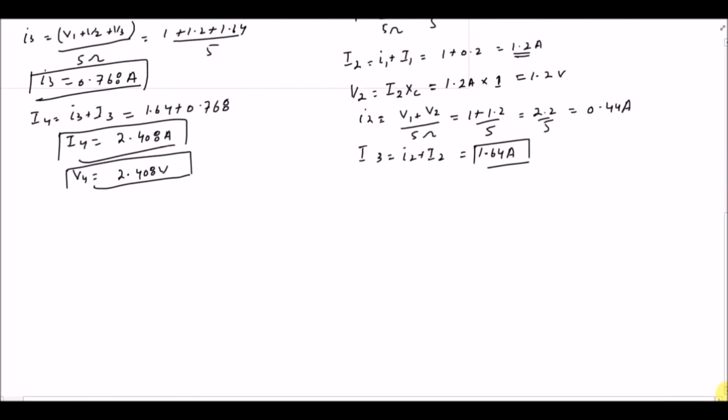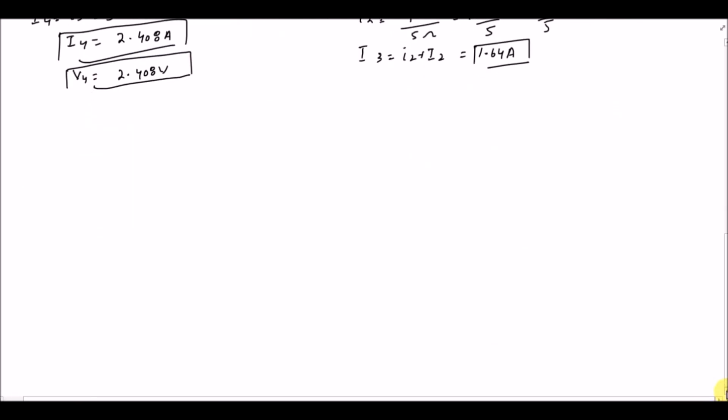Now if I have to find the total voltage across the string, it is V, the summation of all the voltages, and the value is 6.248 volt.